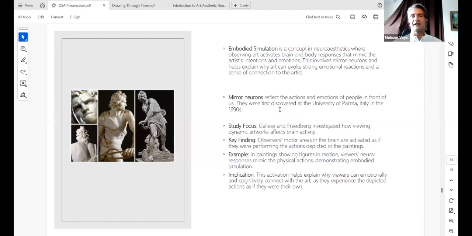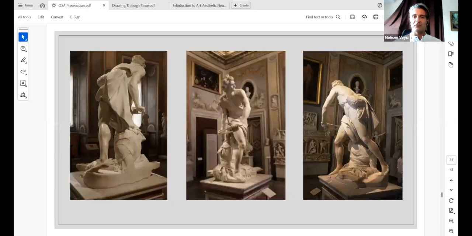Mirror neurons reflect the actions, emotions, and sensations of people in front of us. That means when we're looking at someone doing something, the same parts of the brain activate as if we were doing it. And this means that when we are looking at a dynamic work of art, for example Bernini's David, which is in action, showing movement and determination, the same motor areas in the brain activate as if we were doing it.